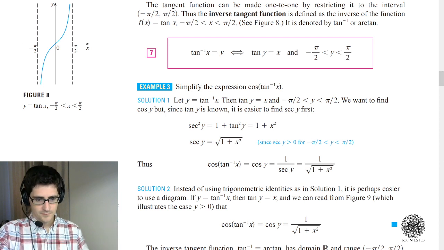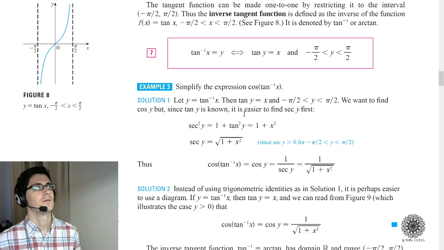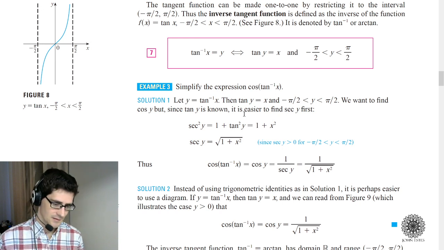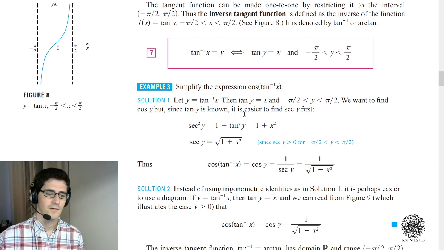Now we want to find cosine y, but since we know tangent y, what identity can relate tangent and cosine? Maybe the quotient identity, but that also involves a sine. I think it's going to get more complicated that way. Instead, why don't we use the Pythagorean identity that relates tangent to secant, and then from there we can go from secant to cosine. And that's our strategy here.